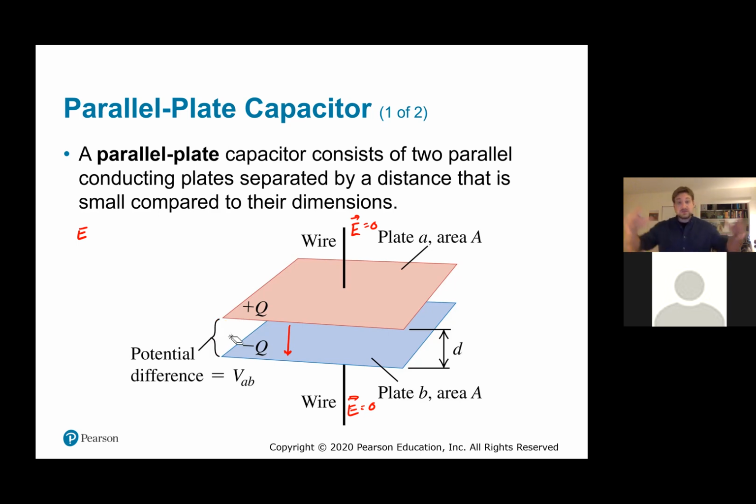As long as these are big plates and they're close together, almost the whole field is uniform. The magnitude of that field is related to the charge density and the permittivity. Now, the charge density has to do with how much charge there is and how much area we're spreading that over.